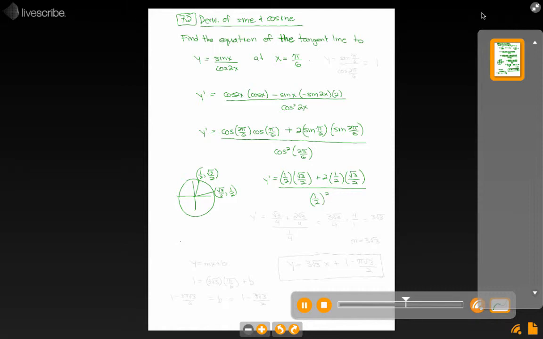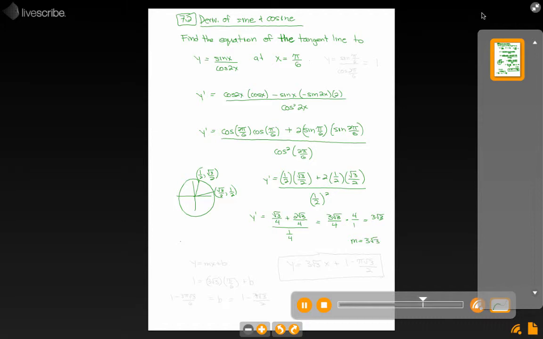And if we crunch all those numbers there, we're going to find that the value of this thing is root 3 over 4 plus 2 root 3 over 4 over 1 over 4. Now, that gives me 3 root 3 over 4 on top, and then multiplied by the reciprocal of the denominator, we end up with 3 root 3, which is the slope of our tangent line. The slope equals 3 root 3.